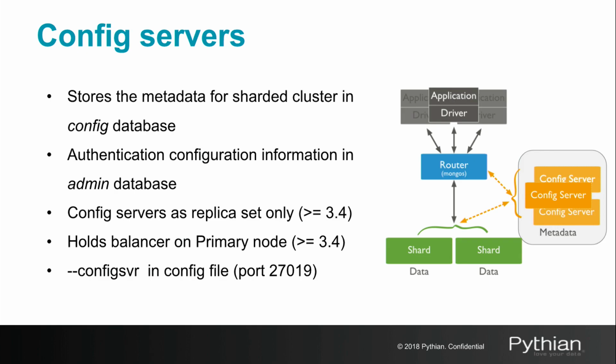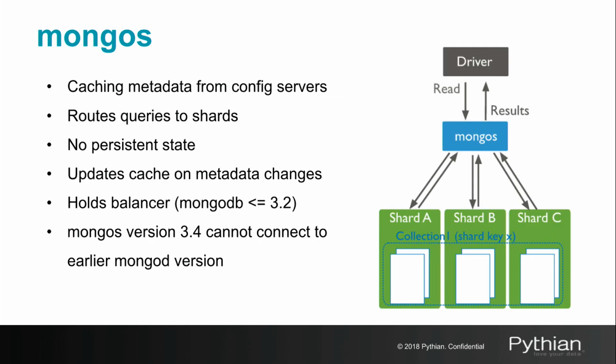Starting from MongoDB 3.4, the config servers also run as replica sets for high availability, and also since MongoDB 3.4, config servers hold the balancer, a process that balances the data between the shards. Before MongoDB 3.4, that process was running on a mongos.